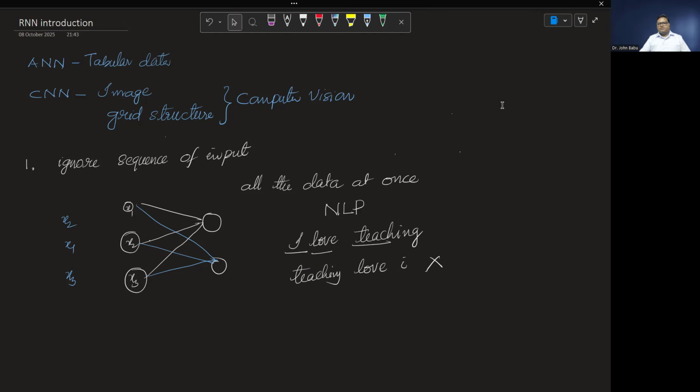That is very important, and it will have many applications in the real world. The second problem with ANN and CNN is they cannot handle variable length inputs.